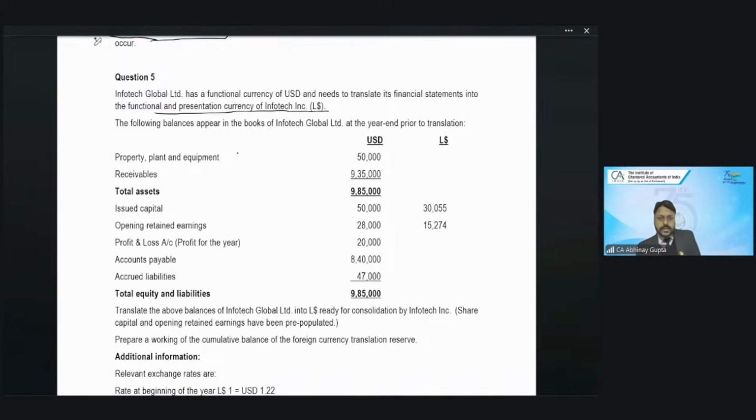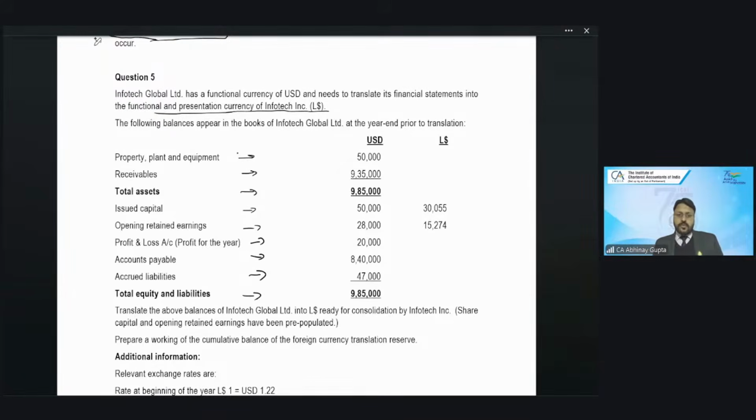The following balances appear in the books of Infotech Global Limited at the year end prior to the translation. So, property, plant, and equipment in USD, receivable in USD, total assets, issued capital, opening retained earnings, P&L, accounts payable, accrued liabilities, total equity and liabilities, right? The balance sheet tallied.